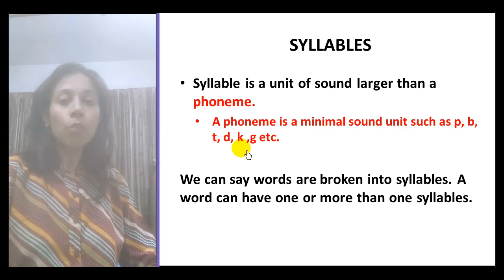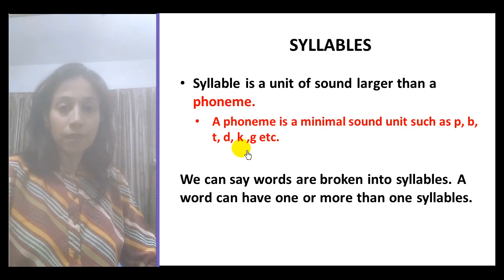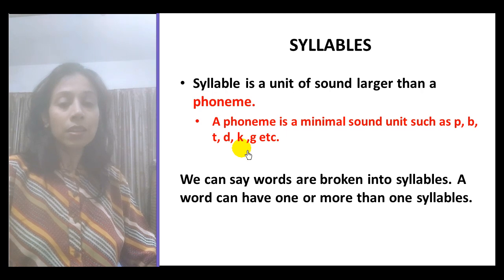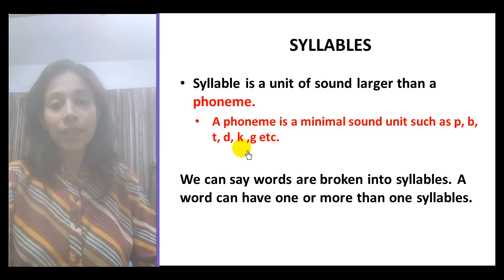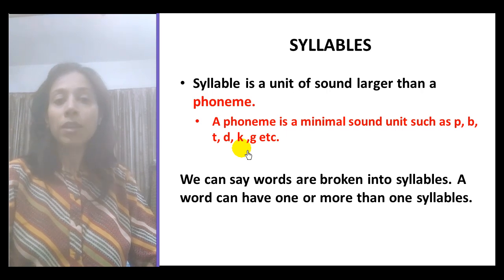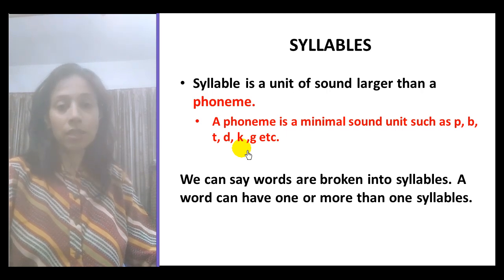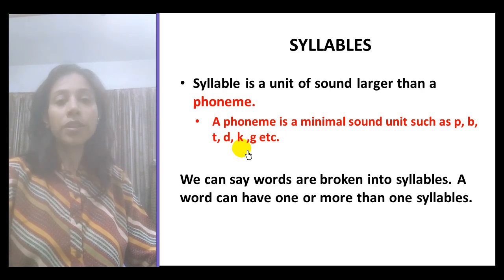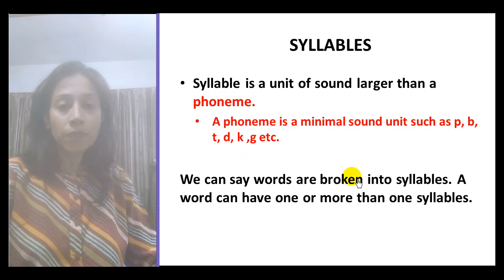If they appear in a word, it is not that they can form a syllable immediately. The syllable has to do with how the word can be broken into sounds.